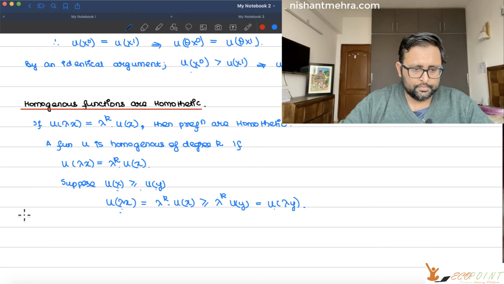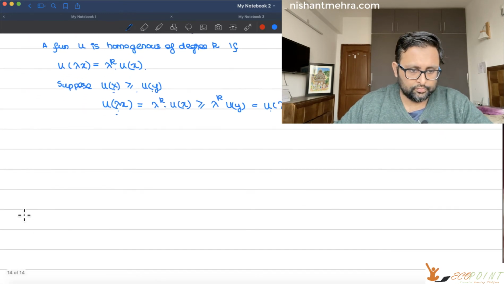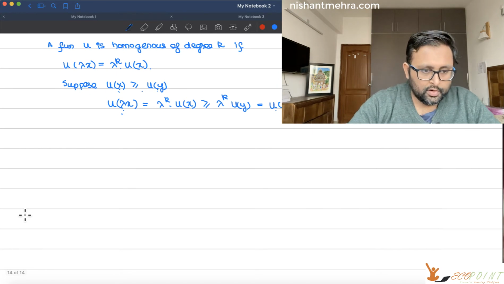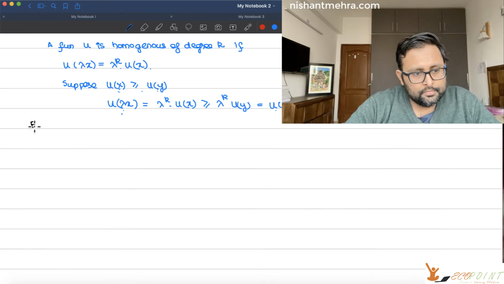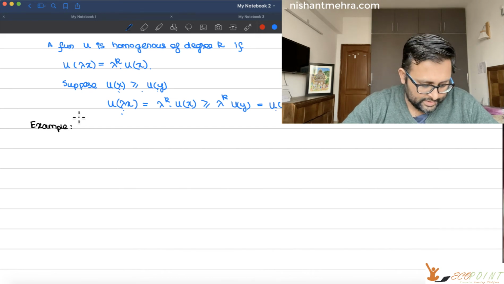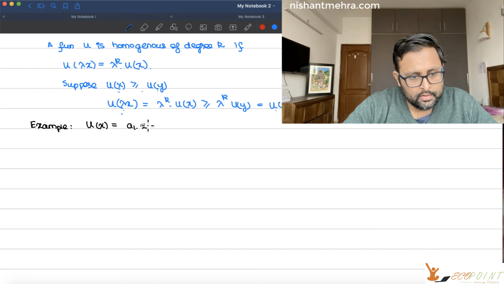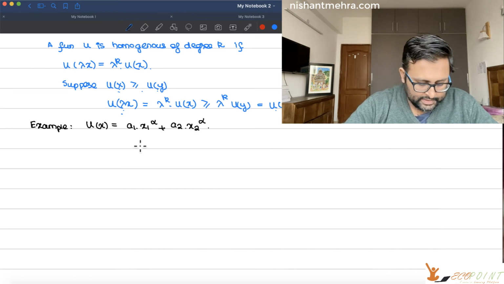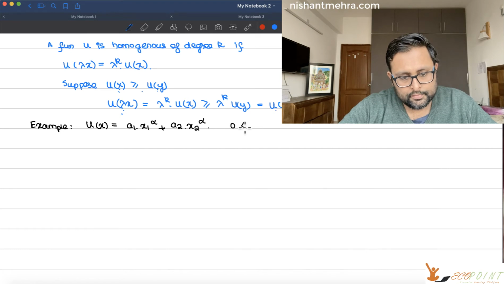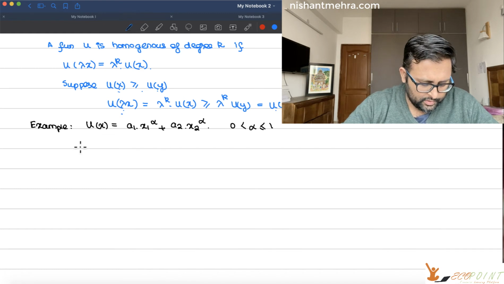Let us look at one example. So you have u of x is equal to a1 x1 to the power alpha plus a2 x2 to the power alpha, and alpha is lying between 0 and 1, right?